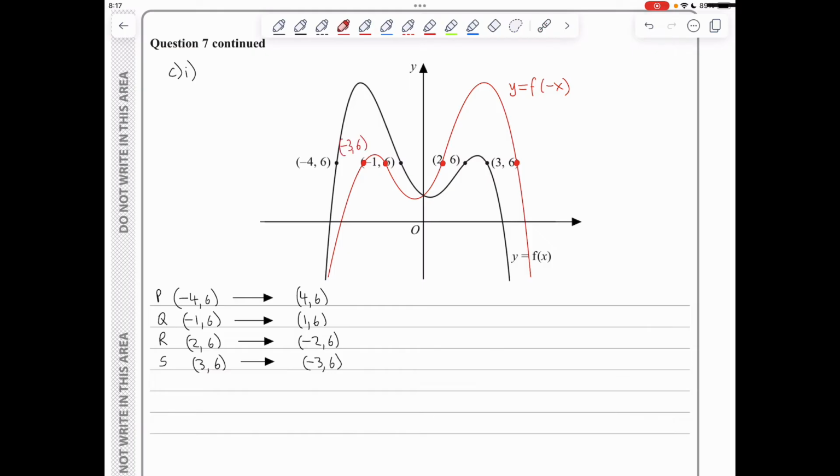The next one to the right of it is -2, 6. Then we've got the 1, 6, and then the 4, 6, and we can see that we have reflected the original curve along the y-axis. So what we end up with is the curve shown here in red.